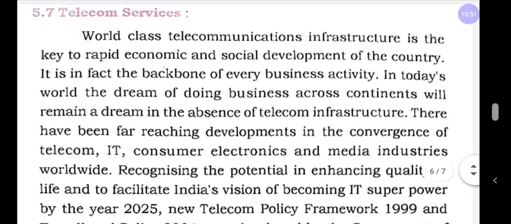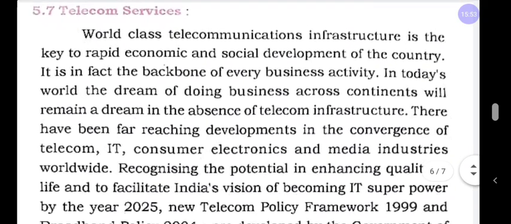The telecom services are very important because of IT and BT, you know very well, that is information technology or business technology. Nowadays it keeps on growing, and they are getting more and more advanced technology.